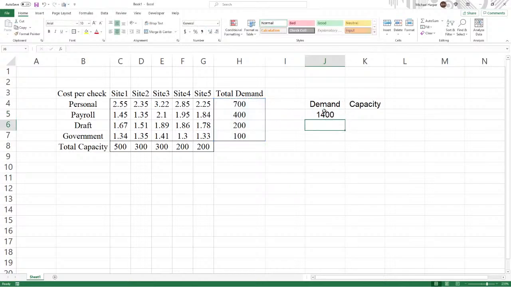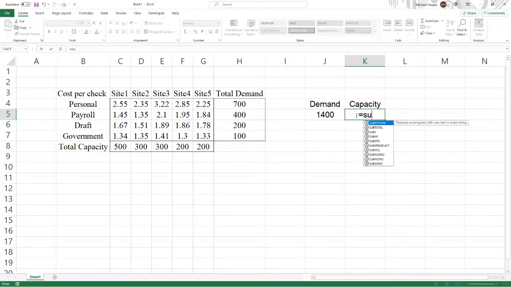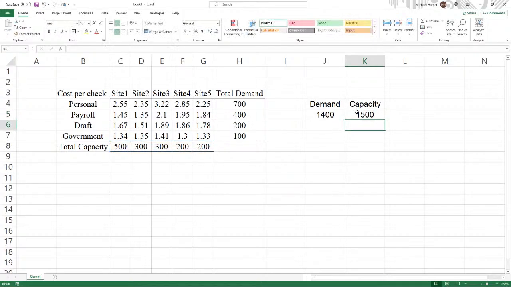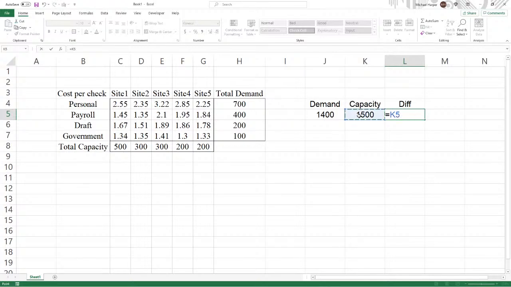We can see they're 1400. And what's our total capacity here? 1500. So the difference is simply our capacity minus our demand. We see it's going to be 100.